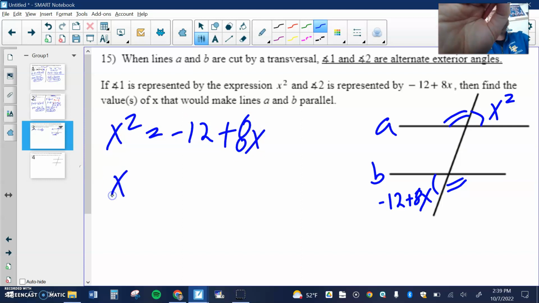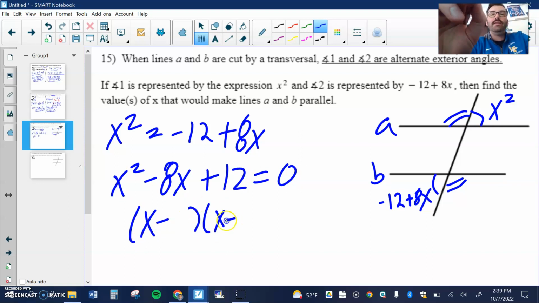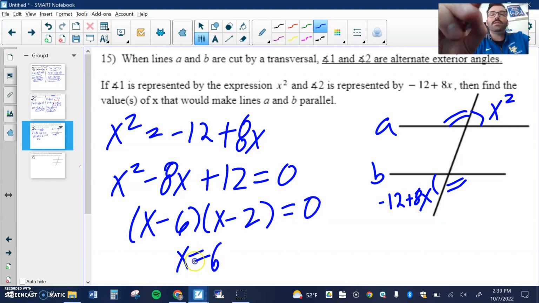I have to move everything to one side. x squared minus 8x plus 12 equals 0. Two numbers that multiply to 12 and add to negative 8 are negative 6 and negative 2. So x equals 6, x equals 2.